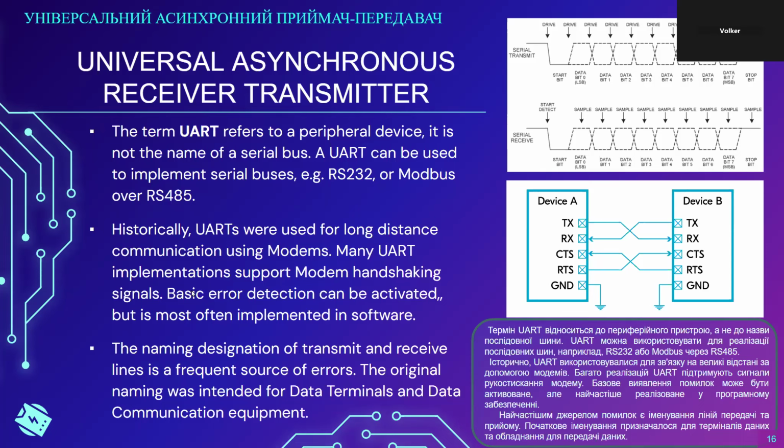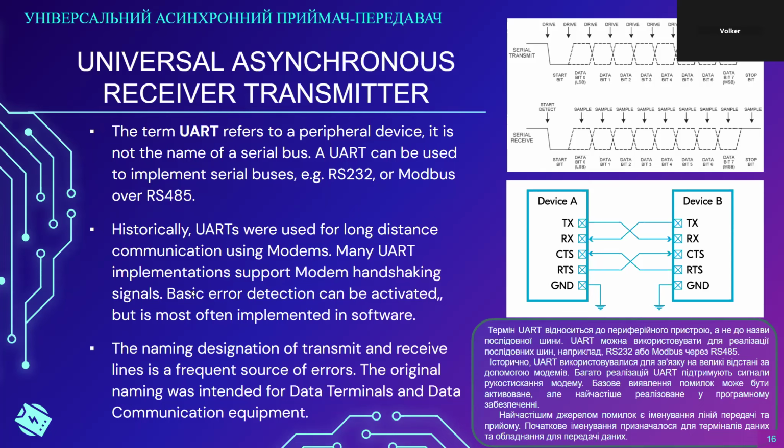Basic error detection can be activated, and by that I mean there is a parity bit. Usually a UART will allow for using the 8th bit as a parity bit, which is essentially an addition of the 7 preceding bits. This is not often being done. In most implementations, an error correction on the data frame level is not being done in UART implementations.